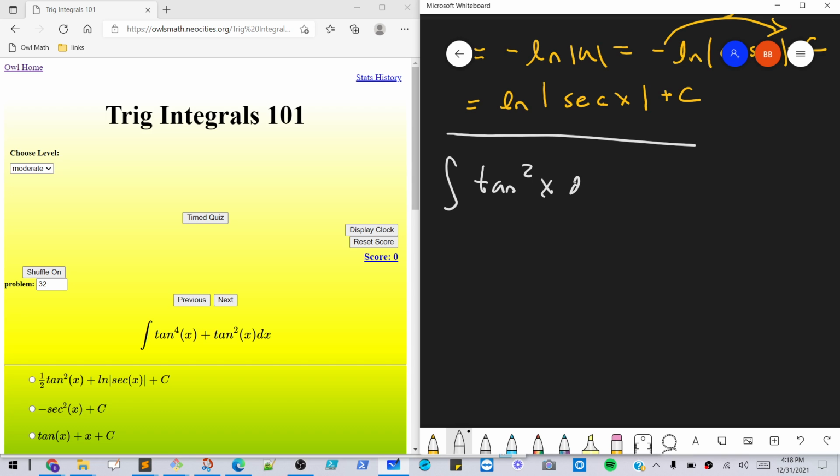Tan squared x dx. This is actually a pretty easy one, because we can use this formula: tan squared plus 1 equals secant squared.